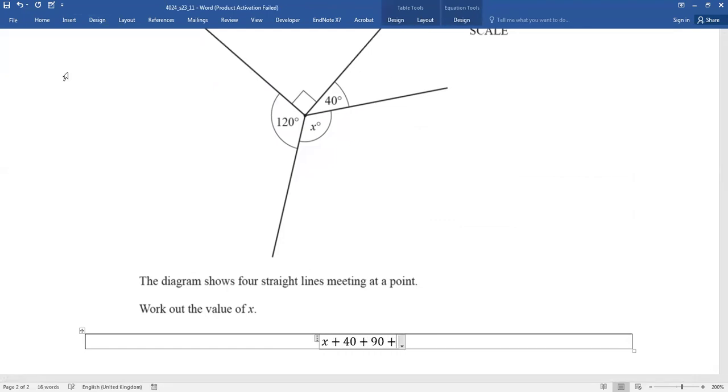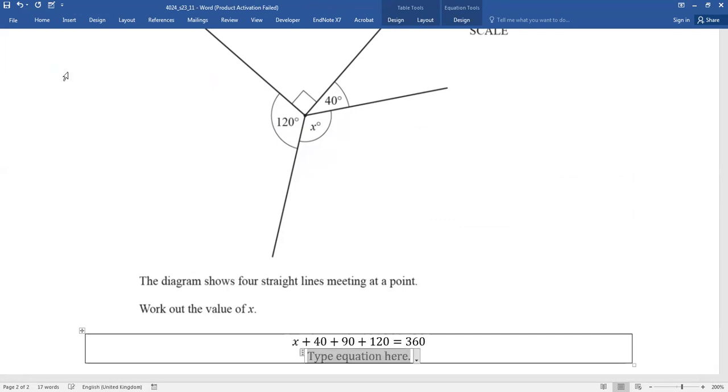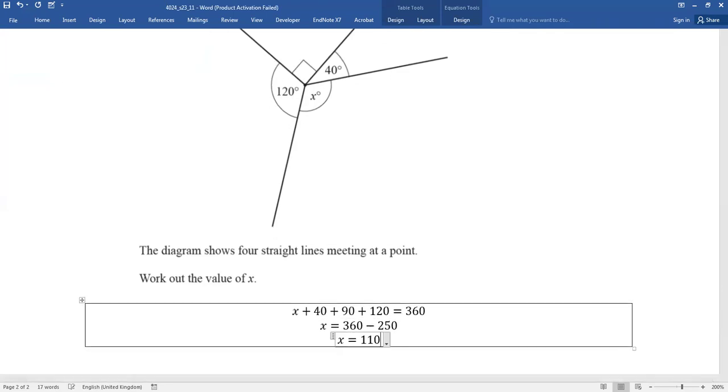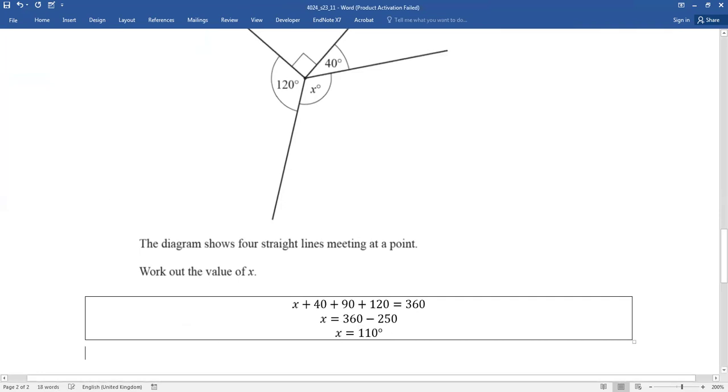So I can say x plus 40 plus 90 plus 120 should be equal to 360. 40 plus 90 is 130, 130 plus 120 is 250, 360 minus 250. x is 110 degrees. I hope this part is clear.